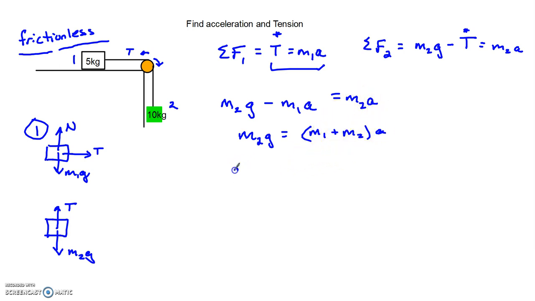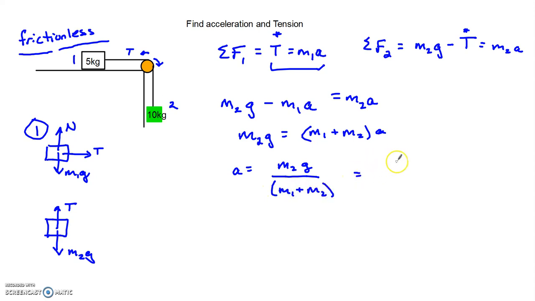And so if I'm going to solve for acceleration, sorry, I was about to write it upside down. So A equals M2G divided by M1 plus M2.